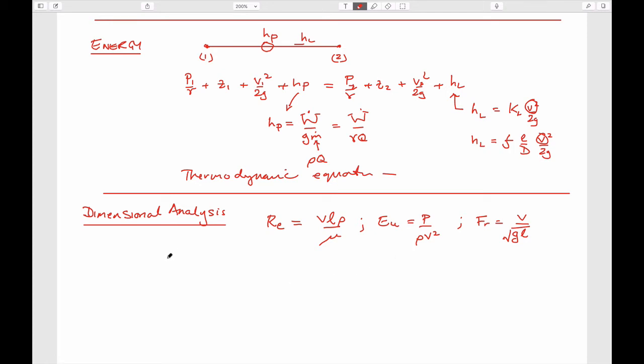We rely on Buckingham pi theory to define the dimensionless groups that control our system.